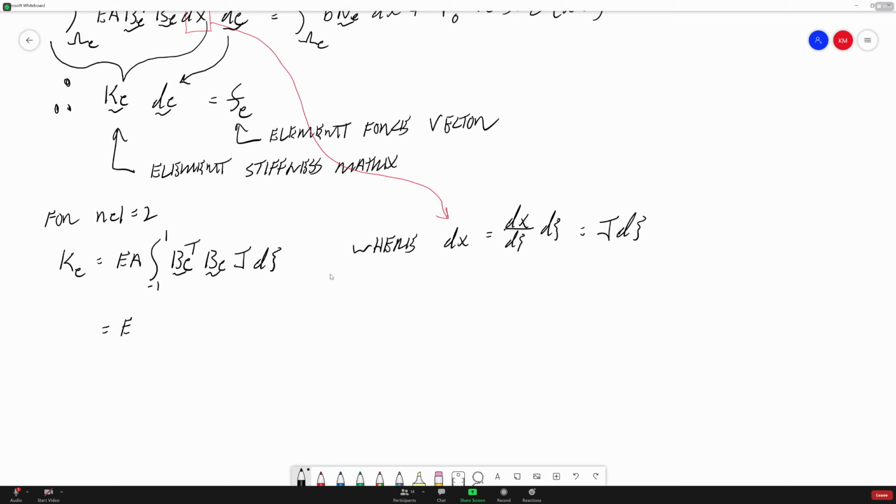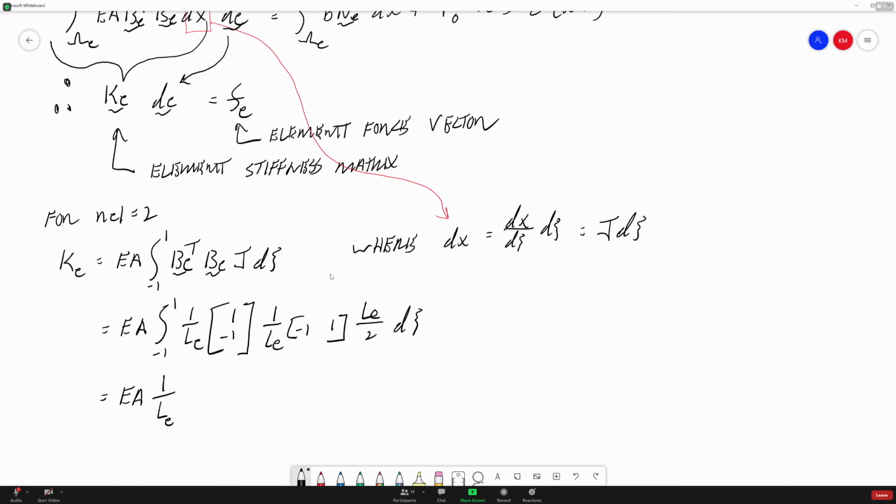And this is equal to EA, the integral from -1 to 1 of 1 over LE, (1, -1), times (-1, 1), LE over 2, dC, which is equal to EA, 1 over LE squared, and we get a (1, -1; -1, 1) times LE over 2 times 2.